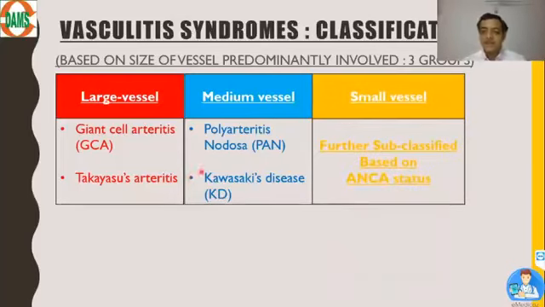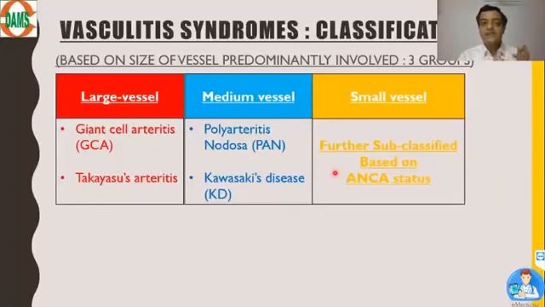Coming to the other side, the small vessel vasculitis, which has to be further subdivided based on the ANCA status. So continue the table to the next page, please. Under large vessel vasculitis, we want to study two topics, giant cell arteritis and Takayasu's.